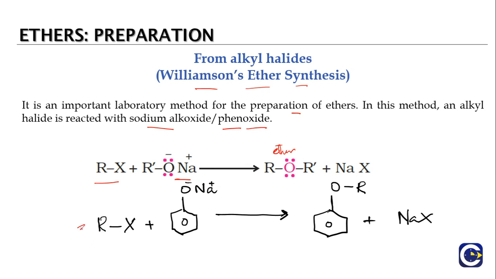As shown in this example, we're reacting alkyl halide with the phenoxide ion, and the reaction between the two again gives us the ether. This is what is known as Williamson's ether synthesis. It's a very important method of preparation of ethers industrially. We can prepare both alkyl ethers as well as aryl ethers by this method.